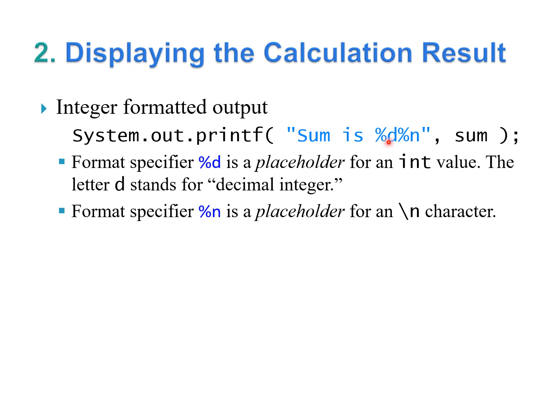So this %d specifier is the placeholder for the value of sum. The format specifier %n is a placeholder for a newline character, which is the same as the \n character.